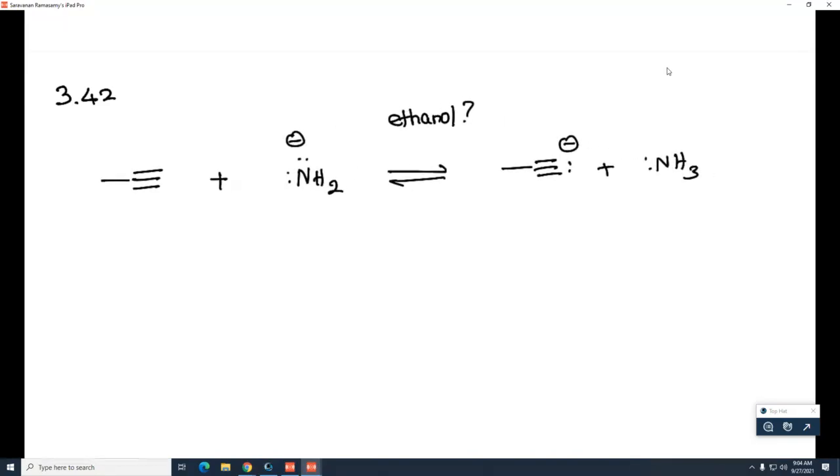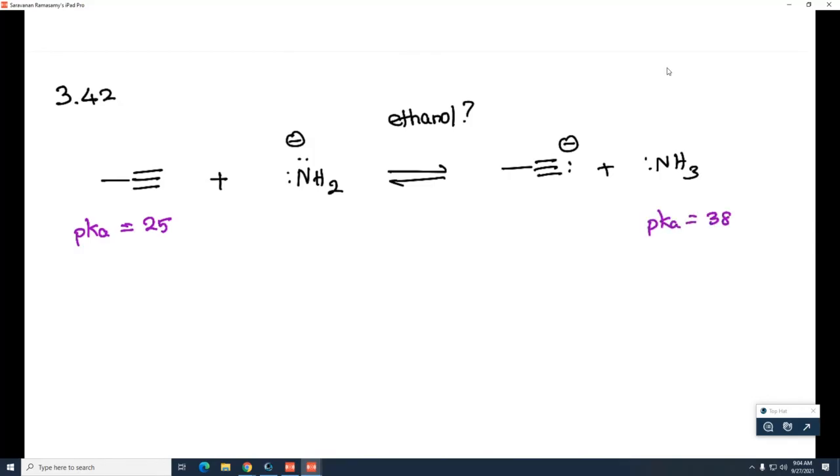What I would do is look at the pKa's of all the acids in the reaction. The pKa of this acid, what is it? 25. And the pKa of ammonia is 38.